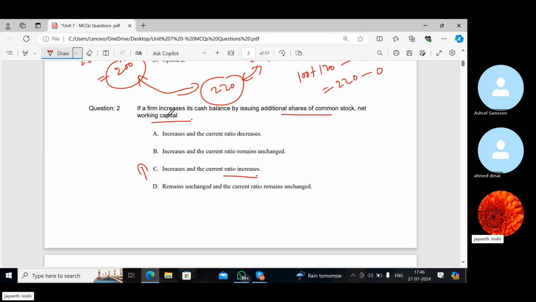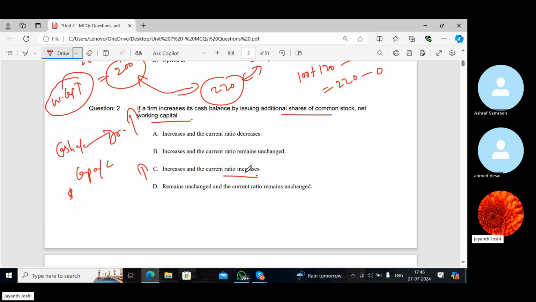See, if the company wants to increase the cash balance, they want cash and they are issuing additional shares for that. What happens? The entry would be cash account debit, the cash would increase and capital would also increase. Increase in capital is always a credit account. And in turn the cash balance is increasing and also your working capital will also increase because of the increase in current assets.